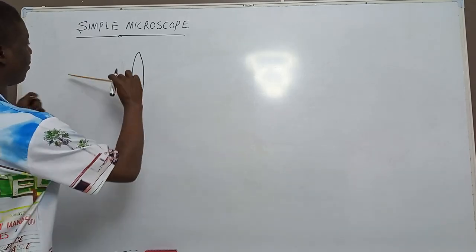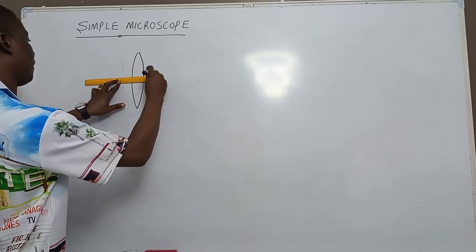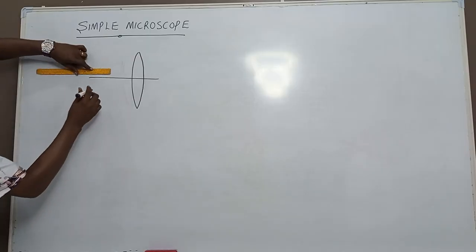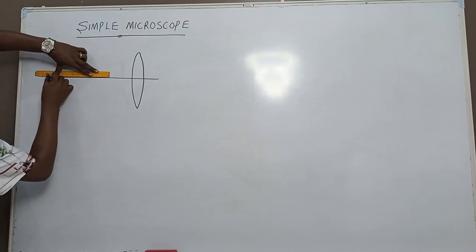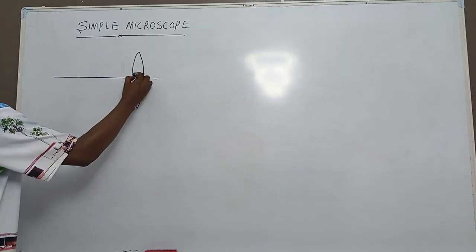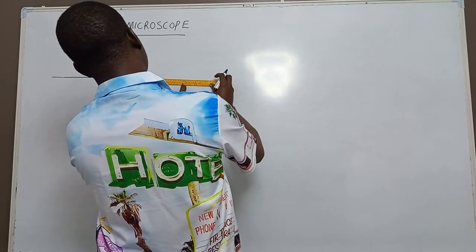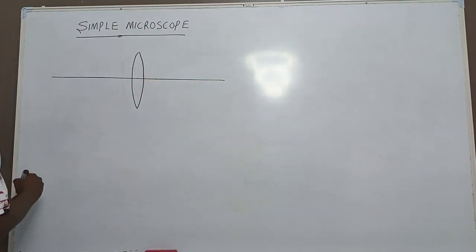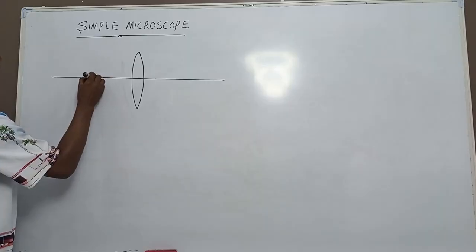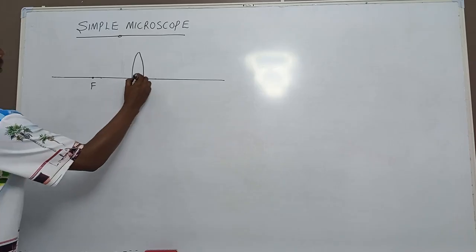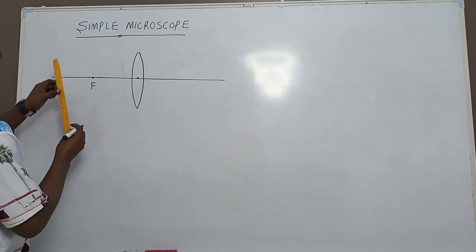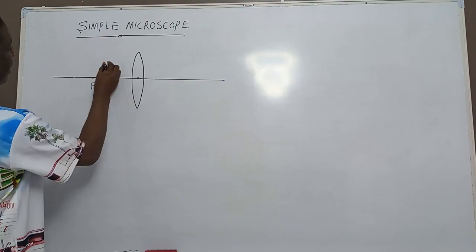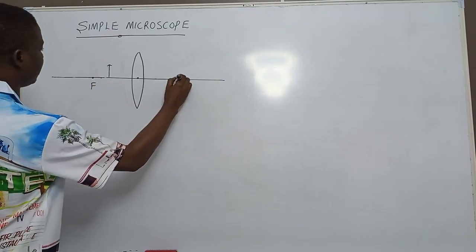This is a rough diagram of the instrument. Now, this is a principal focus. Let me extend it. Now, this is a principal axis, rather. Now, at this point we have the focus here. This is the optical center of the lens. Now, let's put an object within the focus. And what will happen? This is another focus here.